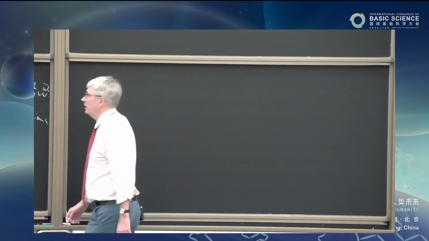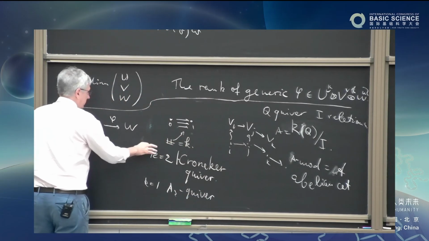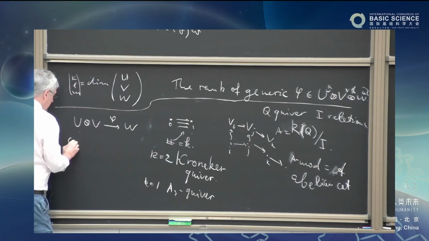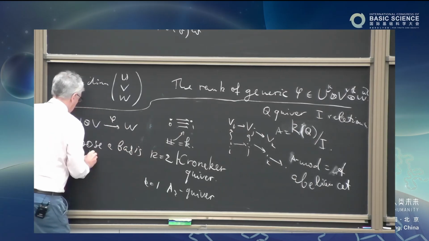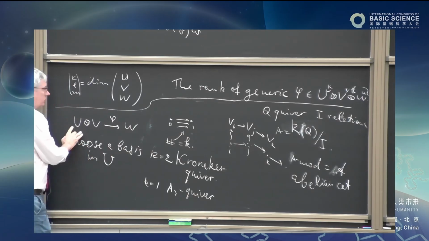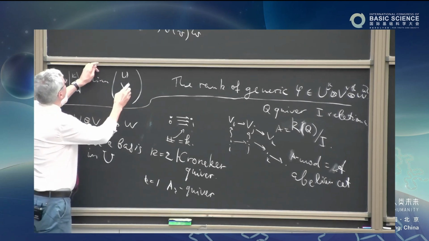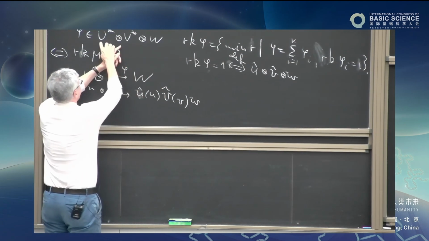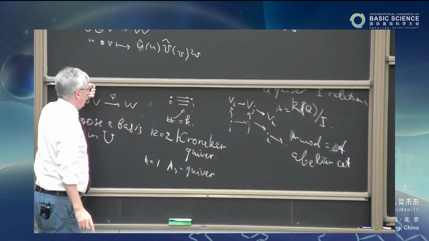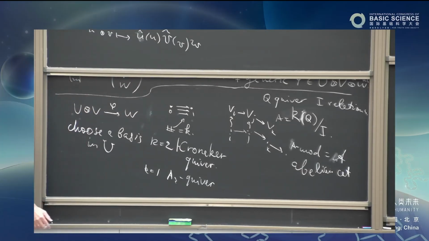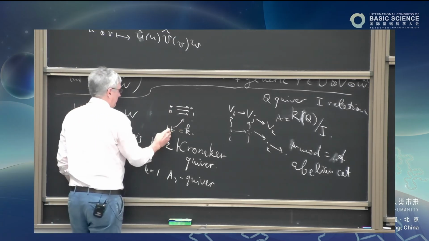So now, why is this thing a representation of this quiver? Well, these arrows should be understood as a choice of some basis in U. So I consider U. Even though this tensor is sort of symmetric, and this definition of rank is symmetric with respect to permutations of these three vector spaces, I make it artificially non-symmetric by choosing one of the spaces, U, to be the space of arrows.